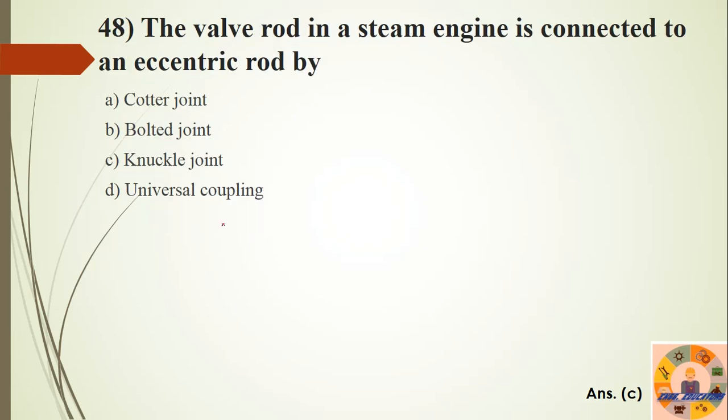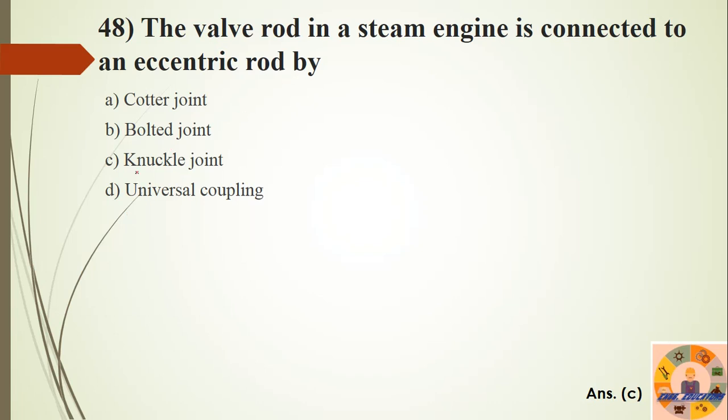The next question is, the valve rod in a steam engine is connected to an eccentric rod by option A, cotter joint, option B, bolted joint, option C, knuckle joint, or option D, universal coupling.